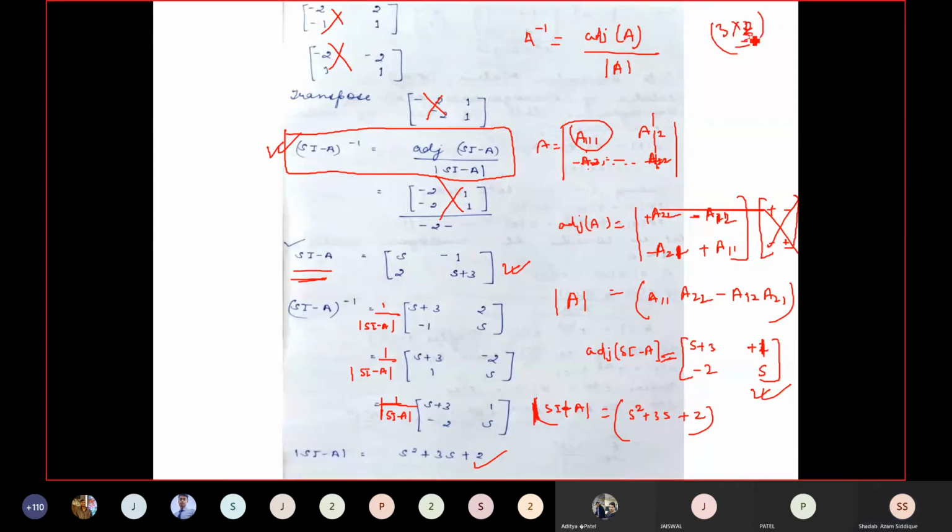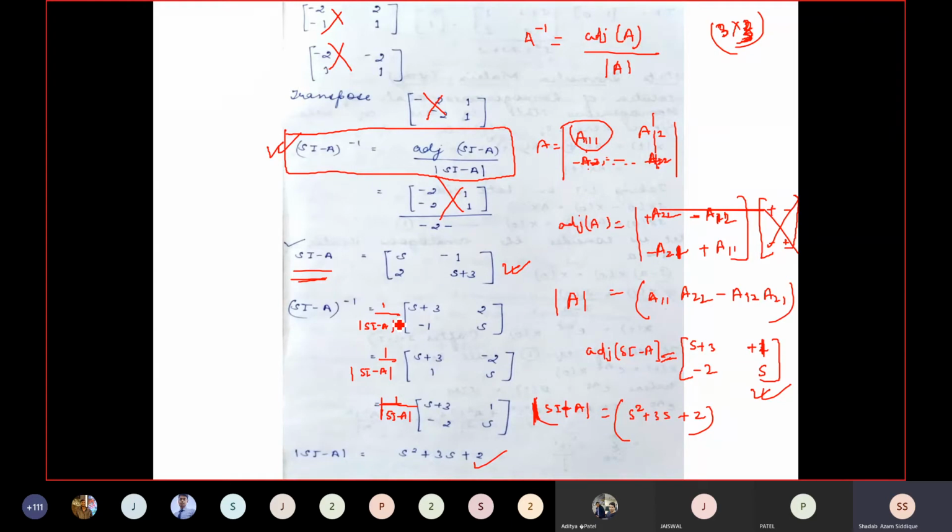If you have any shortcut method, you can use it. I don't want to consider all these, finding the adjoint first, then the determinant. You can go through directly and find the inverse directly. If you have any shortcut method, you can use the shortcut method. So inverse is not our concern.